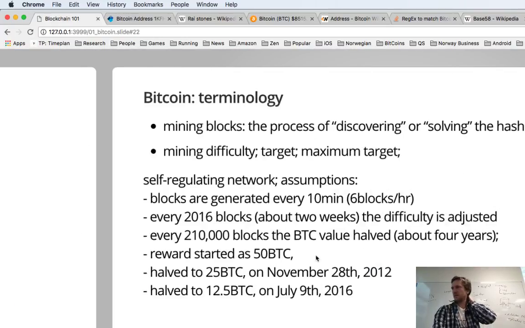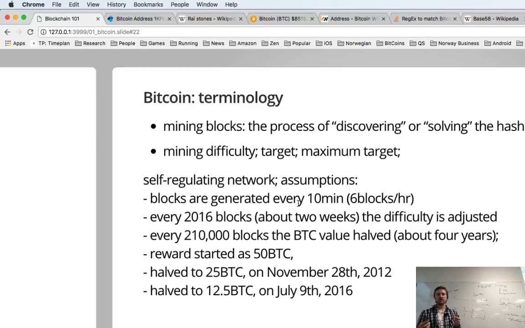All right, so we have the concept of mining, which means the block. So we have the genesis block, that's block number 0. And then every subsequent block has to be discovered.